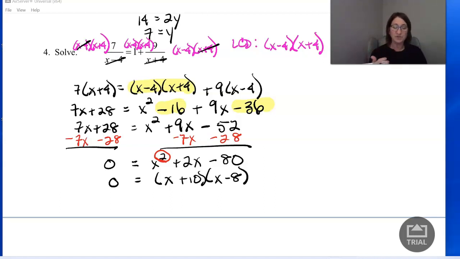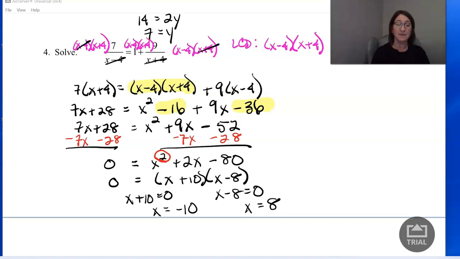All right, so now I set both of those factors, x plus 10 equal to 0, and x minus 8 equal to 0. So x equals negative 10, x equals 8. When I put those back into my original problem, neither of those solutions create a 0 in the denominators. So they're both good solutions.